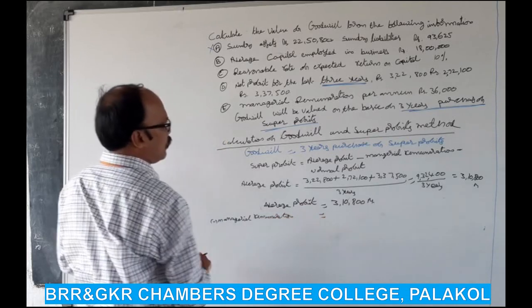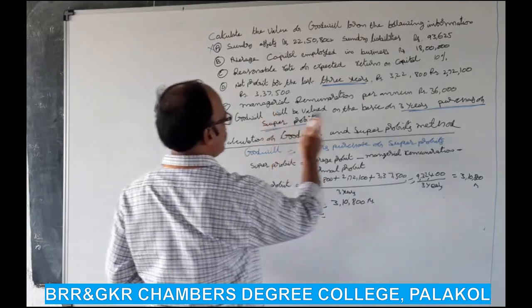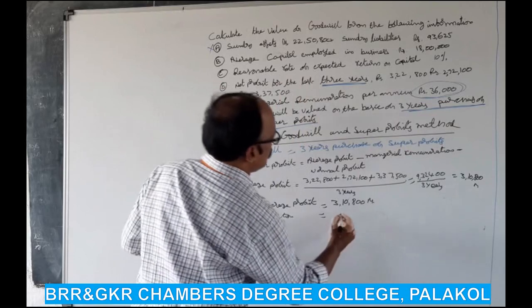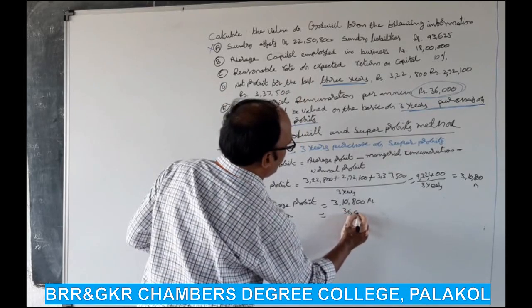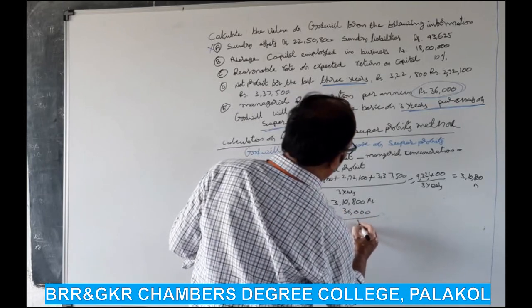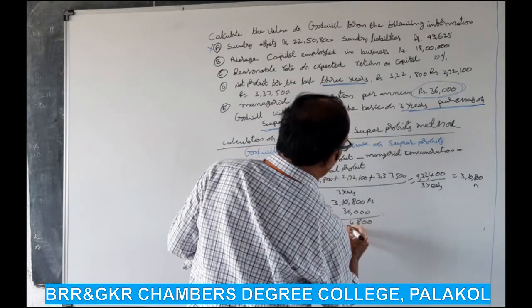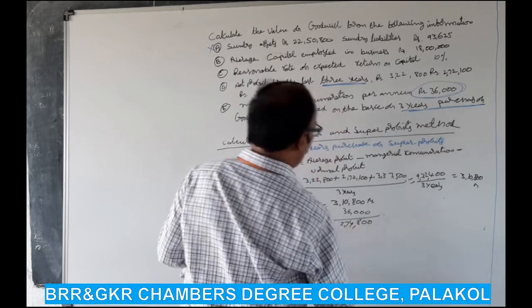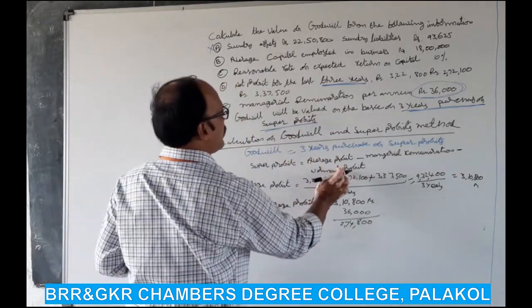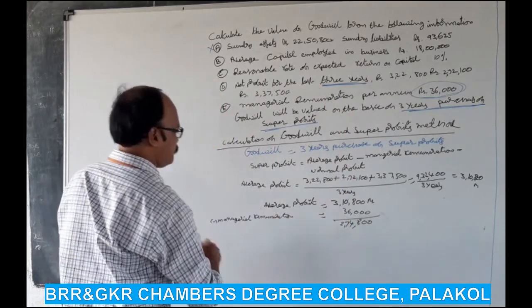The managerial remuneration per annum is how much? 36,000. So 3,10,800 minus 36,000 is equal to 2,74,800.